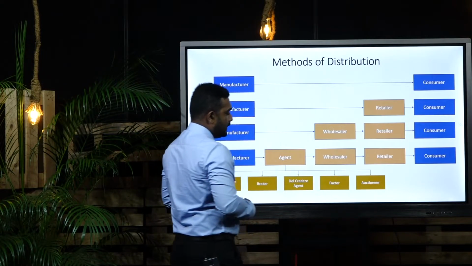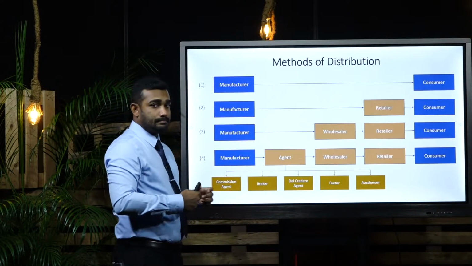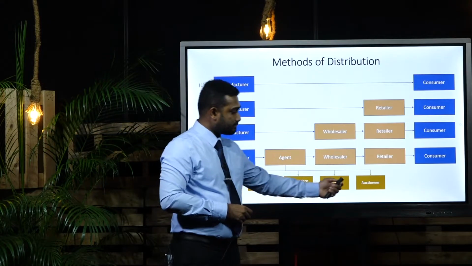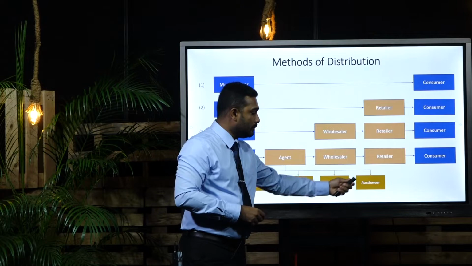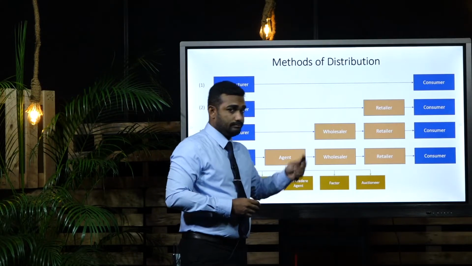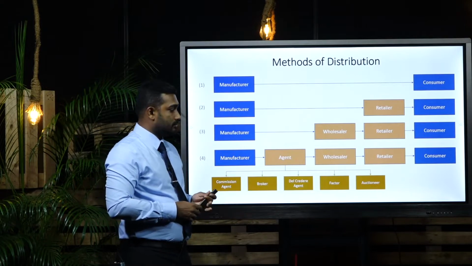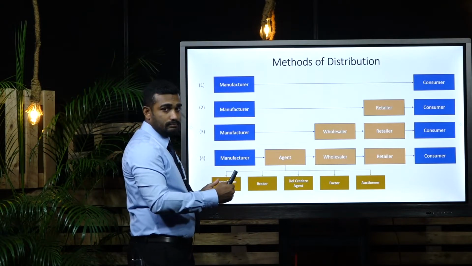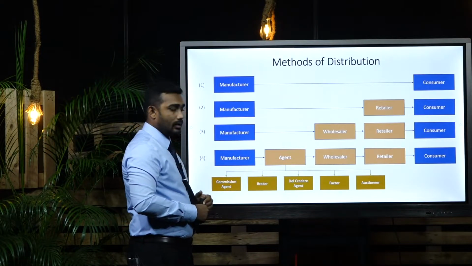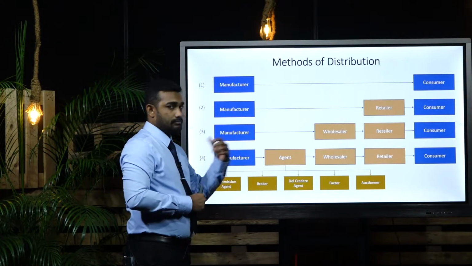Then we have another agent called the auctioneer. As the name implies, this entity is going to have an auction, and through that they are going to sell the products.